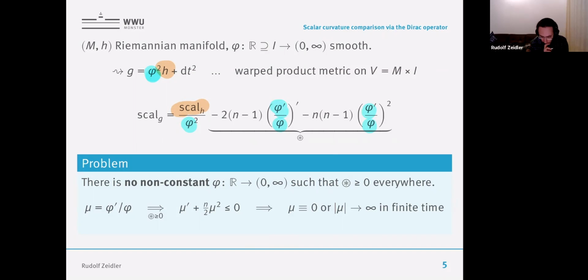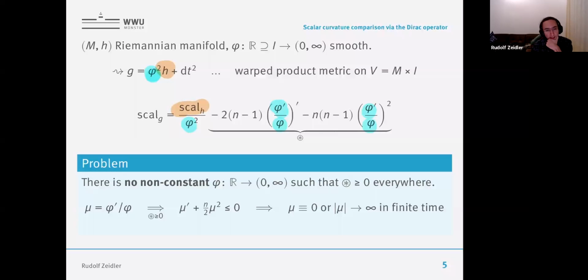And it's quite convenient to write this formula like this. And notice here, this is actually a differential expression that involves the logarithmic derivative of this function phi.